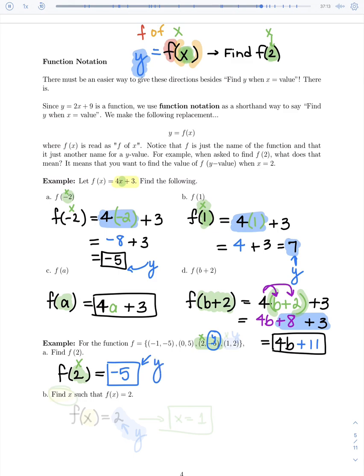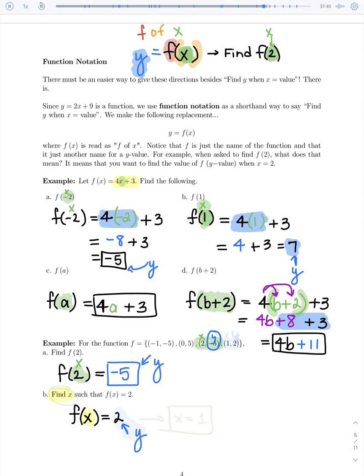On the last one here, they say find x, which means I don't have x, which means I must have y. And so we want to have f of x equal to 2. So again, we're trying to find the x that will give us this, which means that this y value is already a 2.